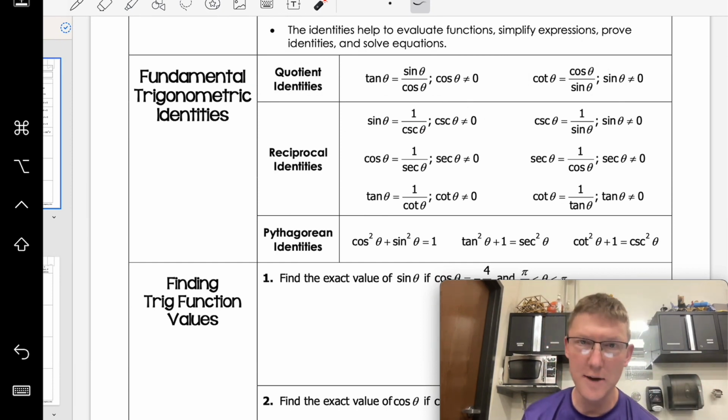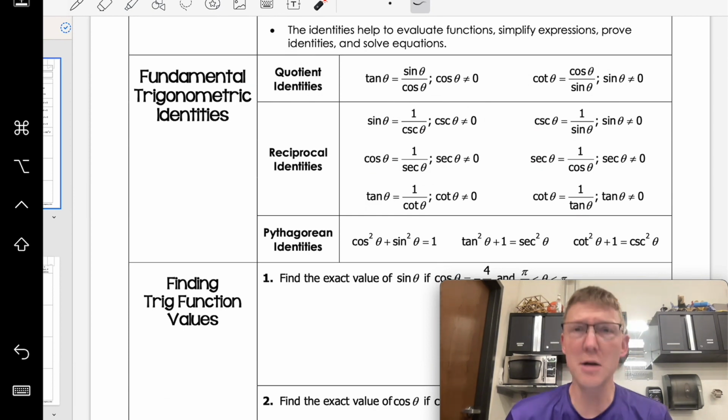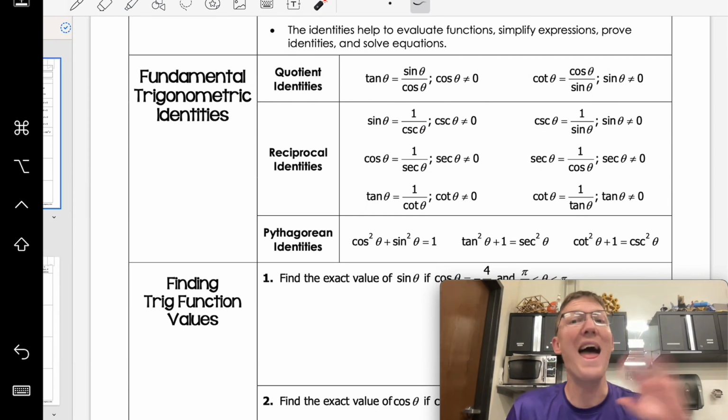These are all just definitions. Cosine is equal to 1 over secant, and tangent is 1 over cotangent. And as I was mentioning, cosecant is 1 over sine, secant is 1 over cosine, and cotangent is 1 over tangent. That part's pretty easy. Again, you should probably put these on your note card and memorize them. At some point, if you go into a math career, you will have them memorized.